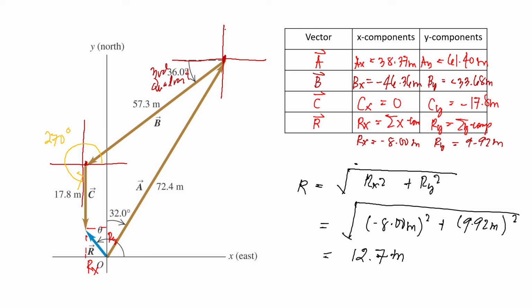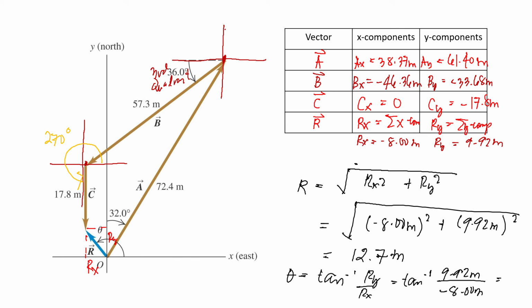And for your theta, for your angle, you have the tangent inverse of Ry over Rx. So you have tangent inverse of 9.92 meters divided by negative 8.00 meters.